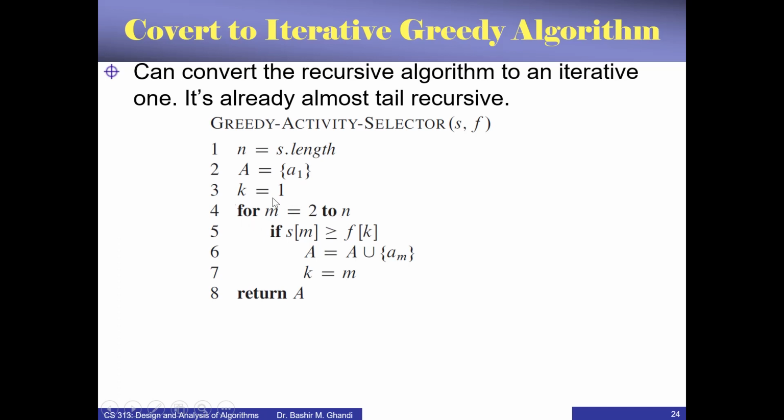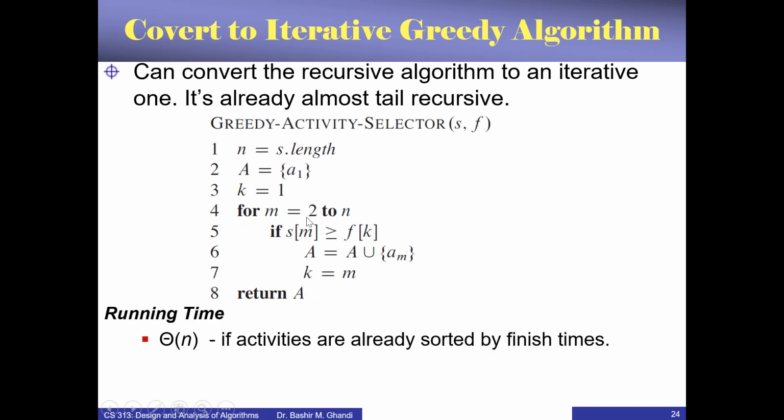So you can see clearly that this loop will actually select those compatible activities and put them in the set A, and that is what we are returning. And clearly the running time of this is theta of n, because it's just a loop involved, and the loop goes from 2 to n apart from this initialization.